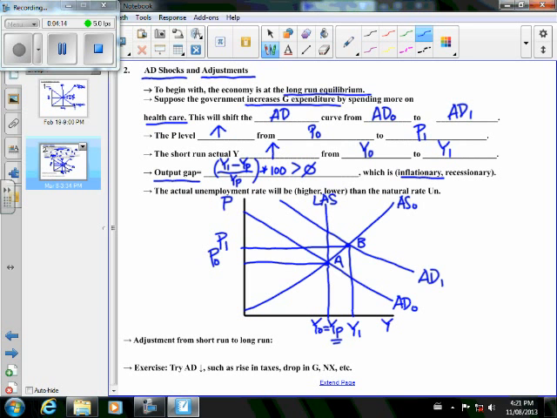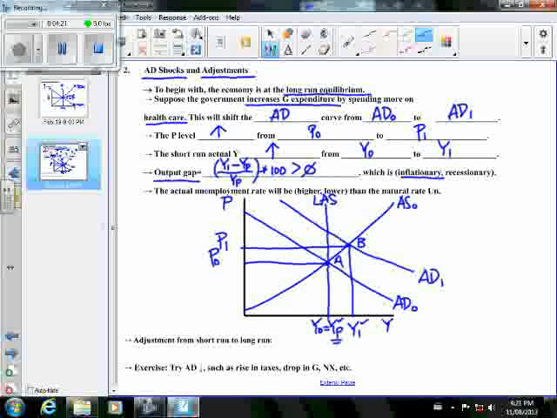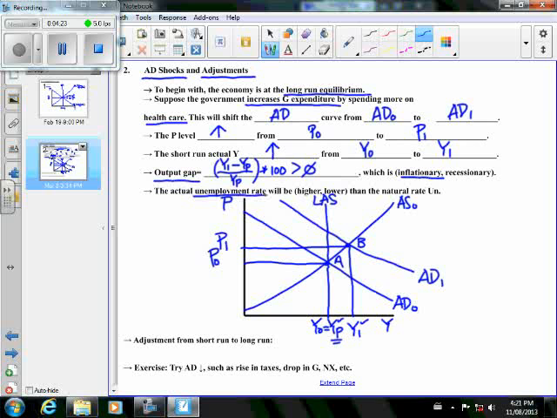How is it possible that in the short run we produce more than what we normally could, which is the potential GDP? This must mean the actual unemployment associated with Y1 compared to the natural rate would have to be lower. Because more people are working.